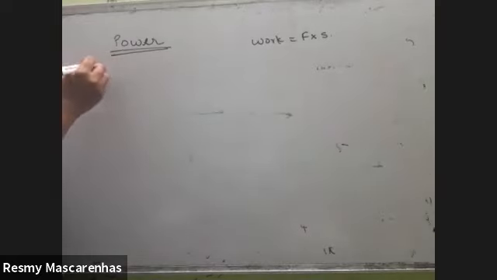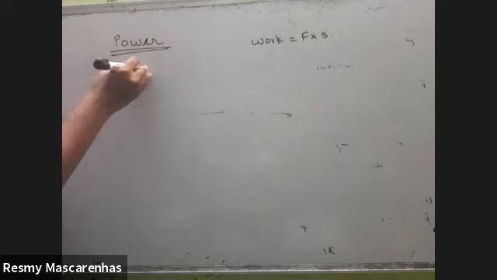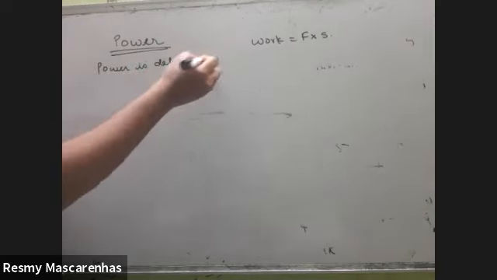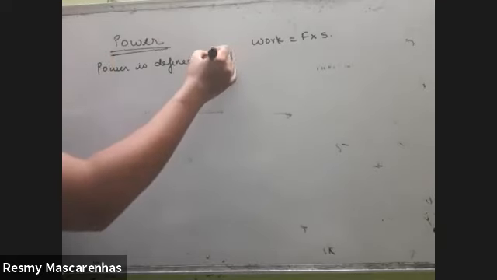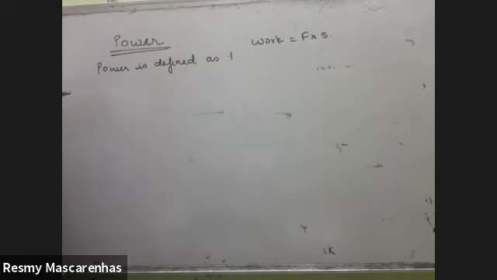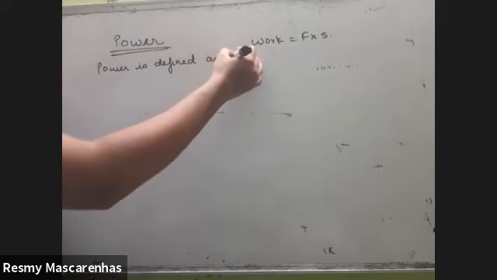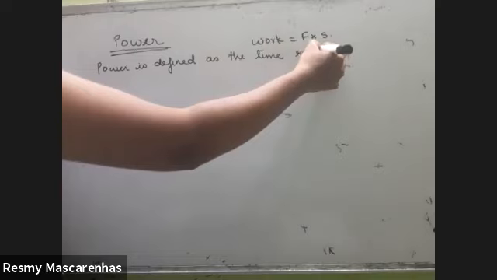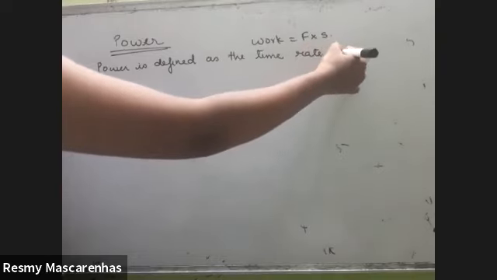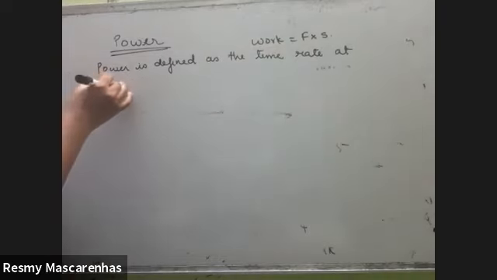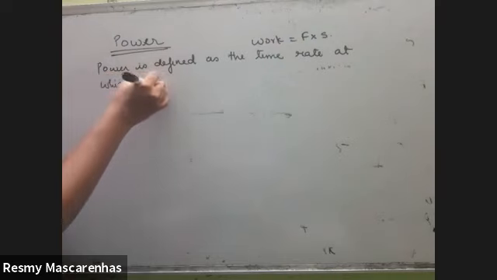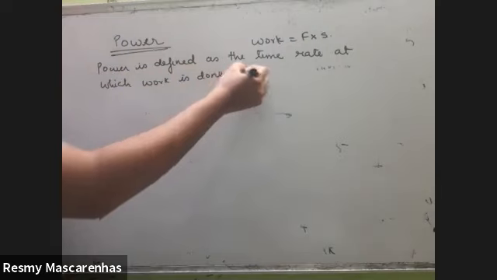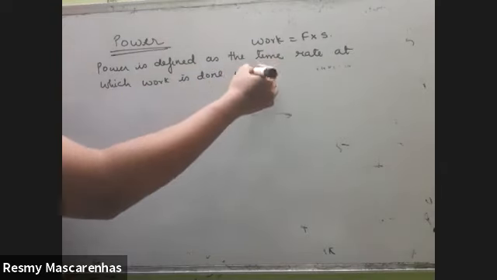Okay, so as per the definition, power is defined as the time rate at which work is done or energy is transferred. Energy and work is same, we have seen that already.